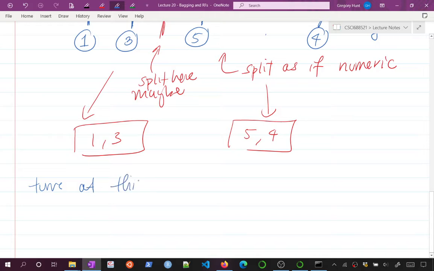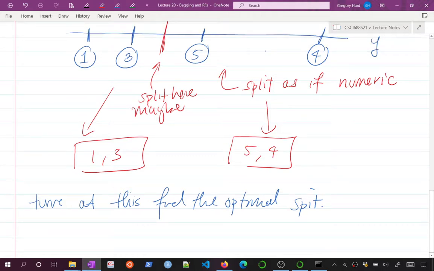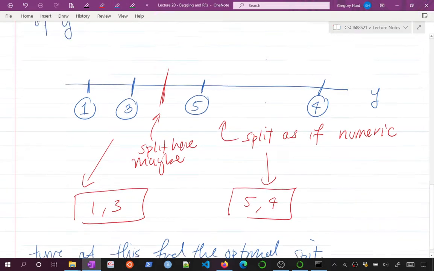It finds the optimal split for my regression tree. So this is a really slick way of finding the optimal split. You arrange the levels by their mean y values, treat it as numeric, and make the split as if it were a numeric variable, and it turns out it's the optimal way to do it for a regression tree.